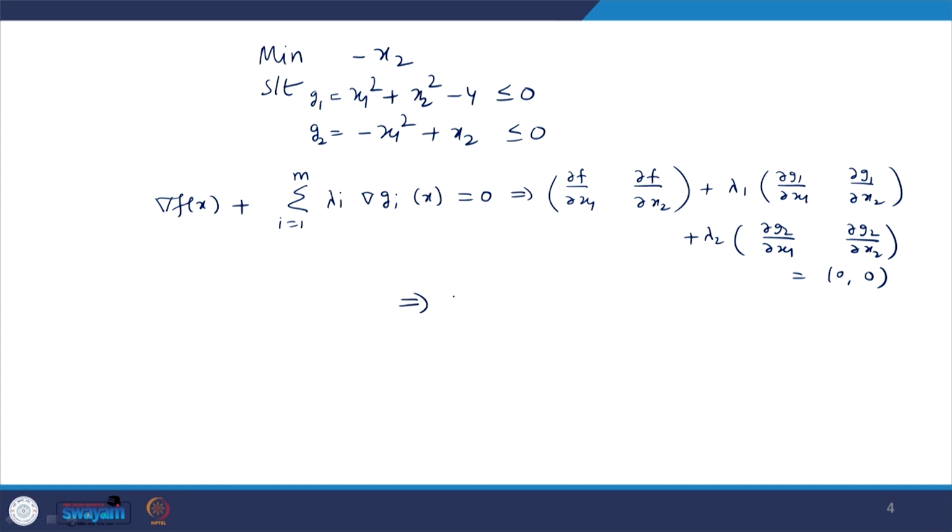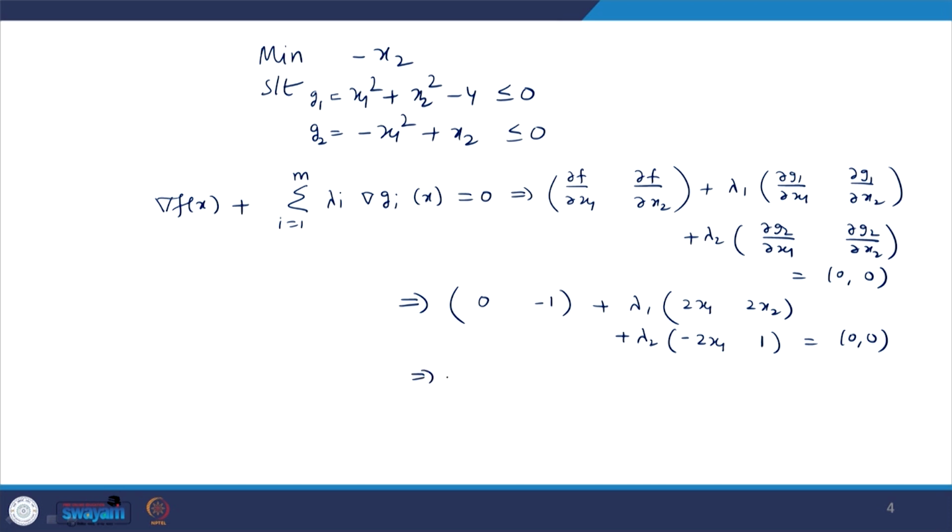Now, this further implies: del f by del x1 is 0, del f by del x2 is minus 1, plus lambda 1 times (2x1, 2x2) plus lambda 2 times (minus 2x1, 1), which is equal to (0, 0).